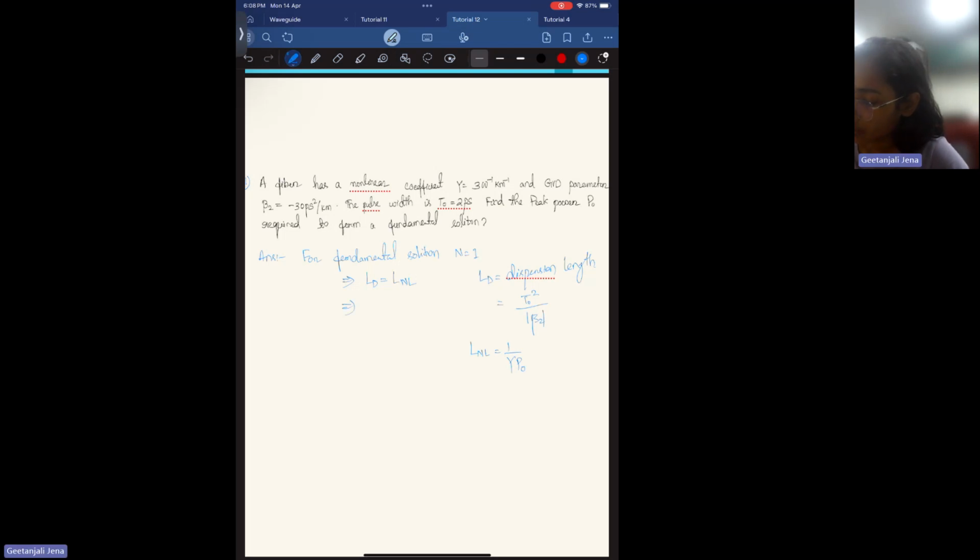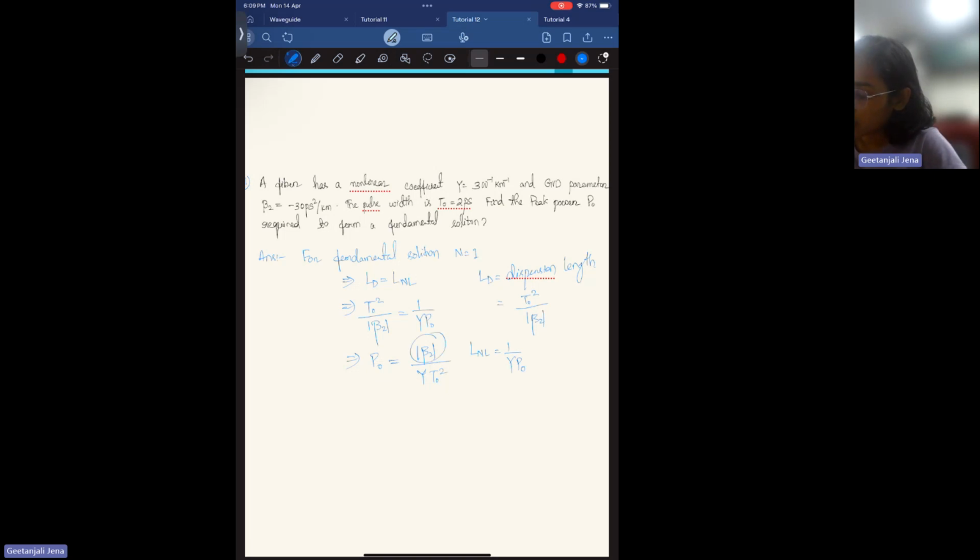If we equate both sides, T0 square over mod beta 2 equals 1 by gamma P0. So for N equal to 1, P0 should be mod of beta 2 over gamma T0 square.